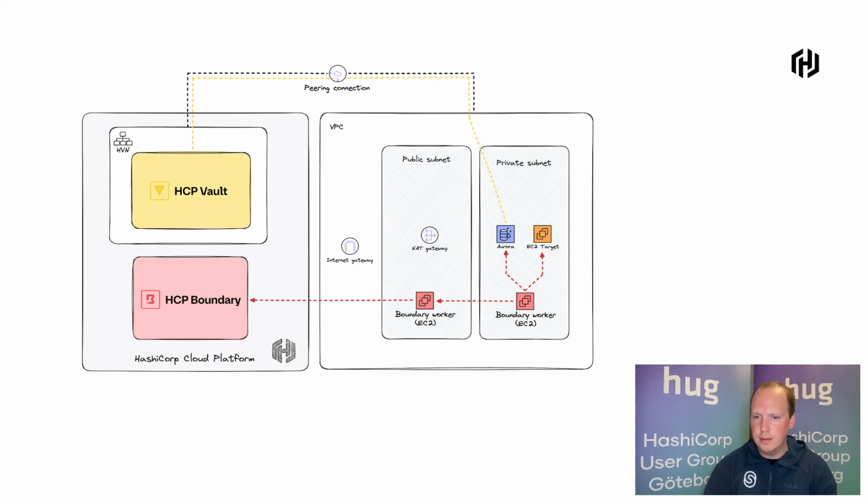One is an EC2 instance, and the other is an RDS Aurora cluster. I have set up private peering between my virtual network in HashiCorp Cloud Platform and my VPC in AWS, and this allows for private communication with Vault.